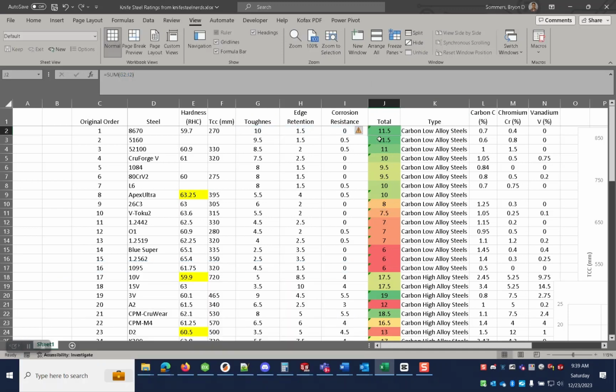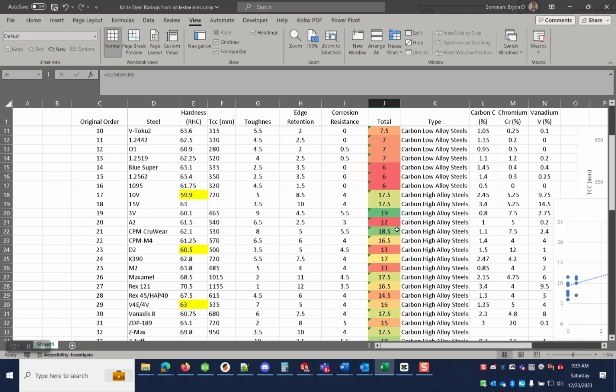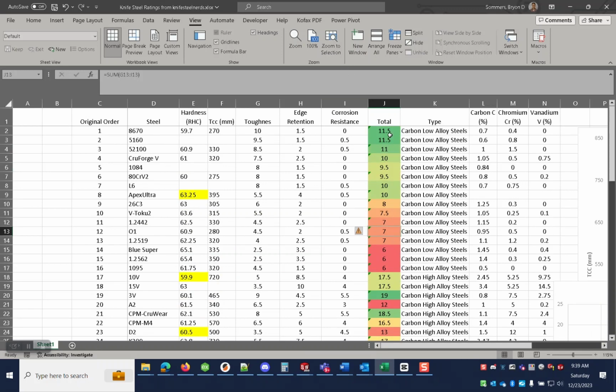So for example, I've created this total column, and each of these rows is summed for that steel. And so then I color coded it. I auto sorted it by color. Green is higher, red is lower.